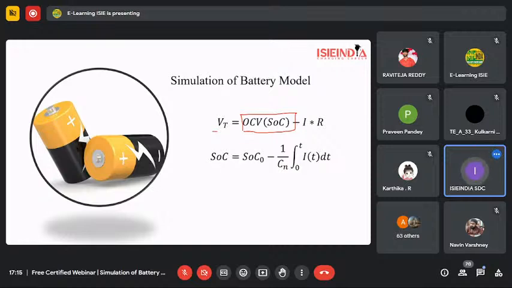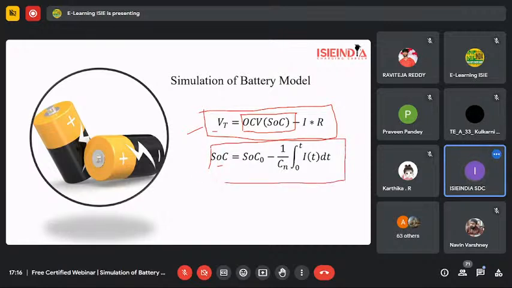And this is the SOC equation. This is the battery terminal voltage equation. We will be using this equation as well as this equation, and we will do the mathematical modeling of the battery. Now coming to the SOC.